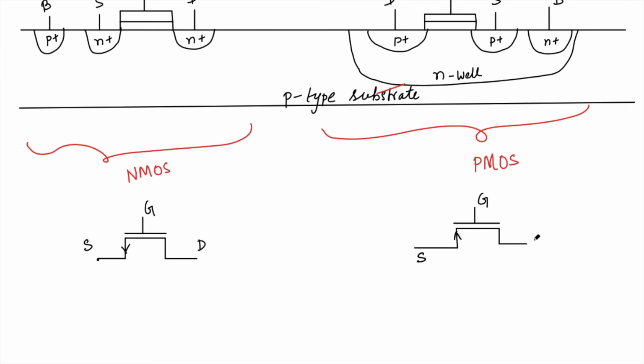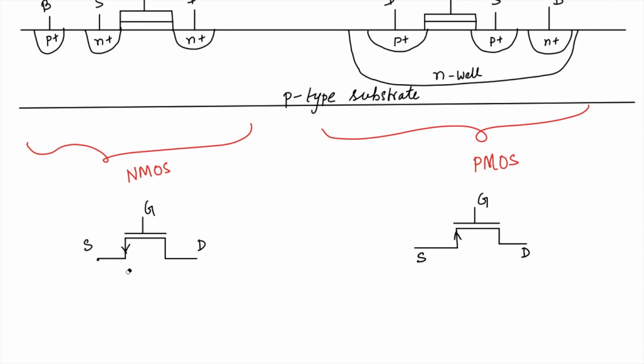This is my source, this is my drain, because in this case, as we have seen, the source will be at higher potential compared to the drain, and the holes will be flowing from the source to the drain. So please try to analyze yourself. That's how this kind of symbol is used. Again, source and drain can be interchangeable here, and source means that it is at higher potential in case of the PMOS, whereas in case of the NMOS it is at lower potential.